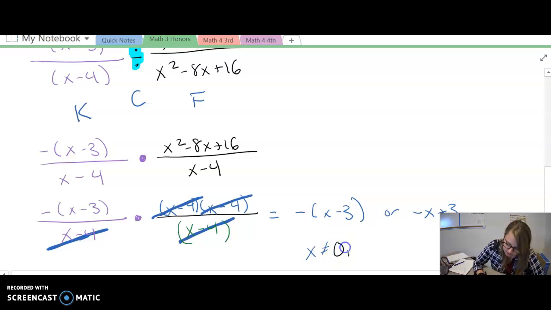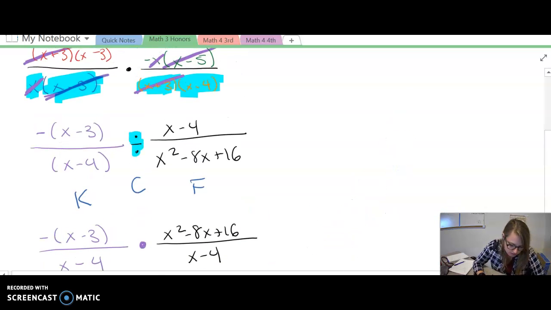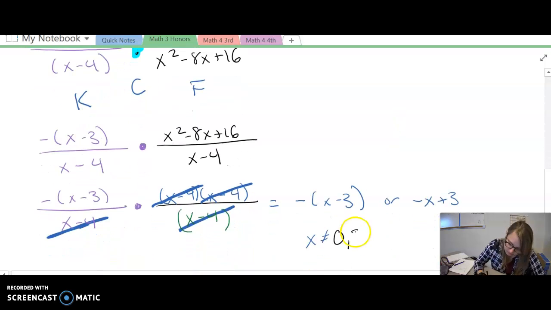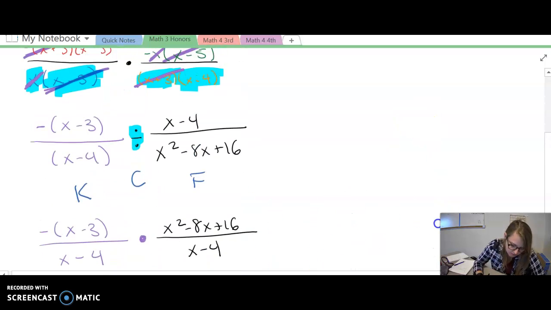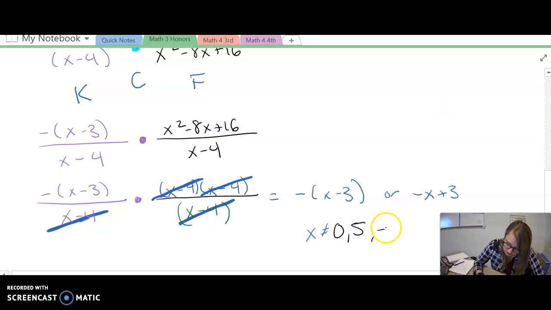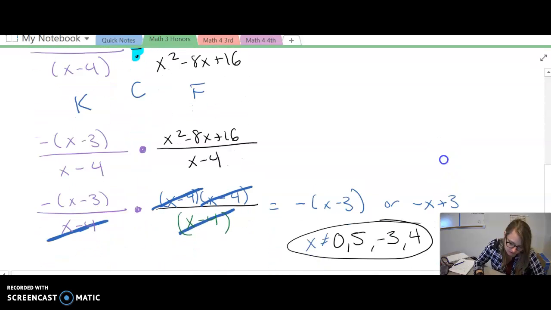So x can't be 0, positive 5, negative 3, and positive 4. That's all our restrictions.